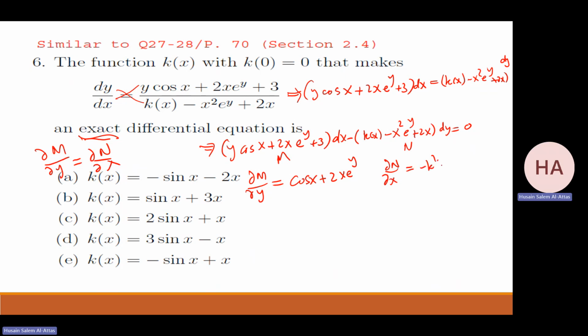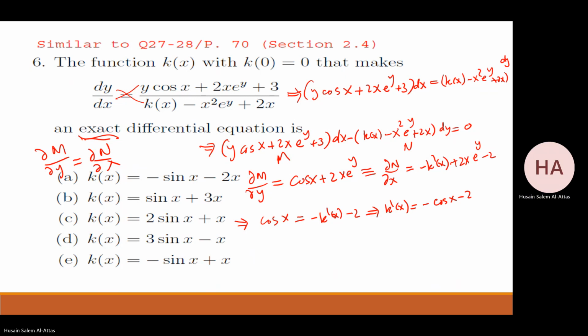That will be minus k prime of x minus 2x e to y. If you equate these two, I'm getting cosine x equals minus k prime of x minus 2. So k prime of x will be minus cosine x minus 2.